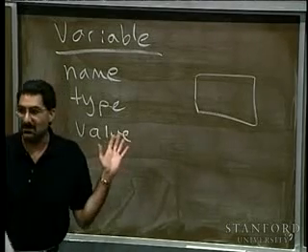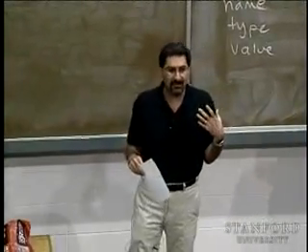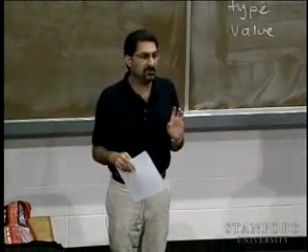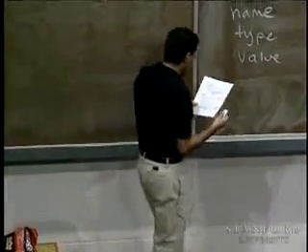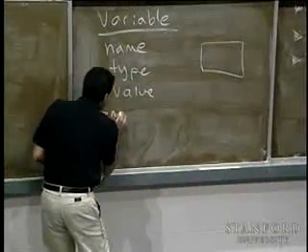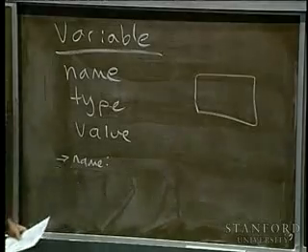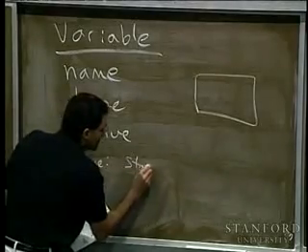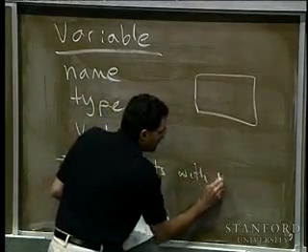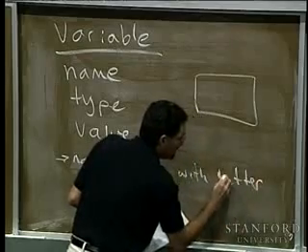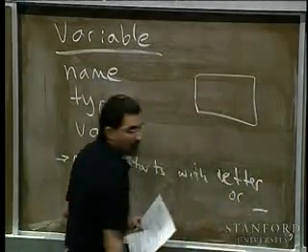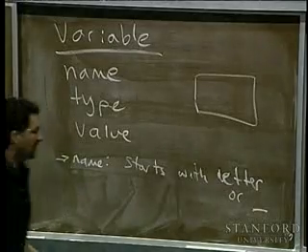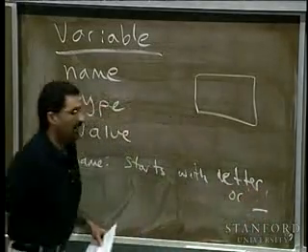And how do we actually name these? There's a very simple rule you need to remember for valid names for variables in Java. A name has to start with a letter, one of the alphabetic letters, upper or lowercase, or the underscore character, which is down at the bottom of the line.